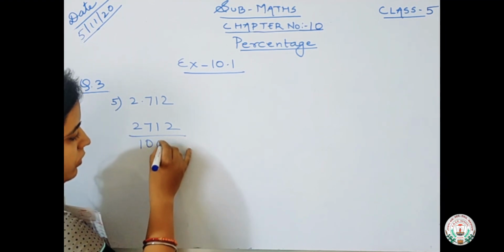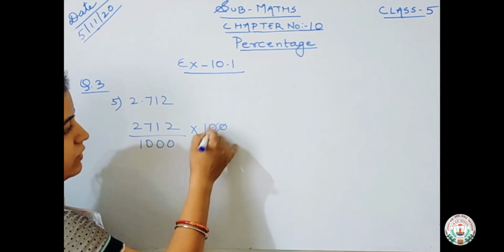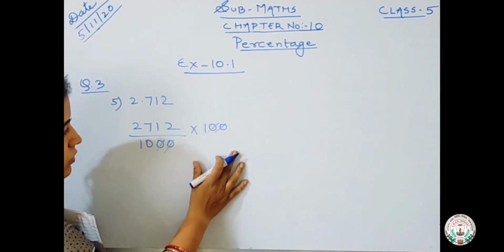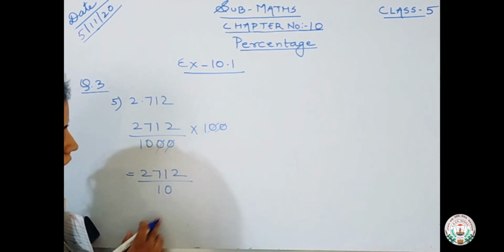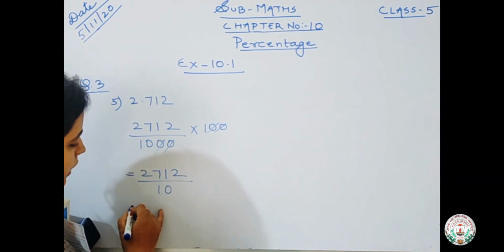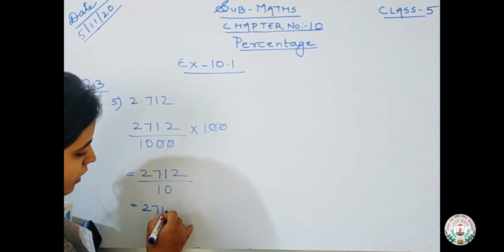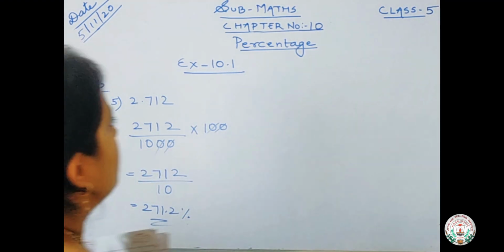So we will put 3 zeros here, multiply it with 100. 2 zeros cancelled out. What is left out? 2712 upon 10. How many zeros are here? 1. So we will put one place of decimal here. So 271.2%. Okay.